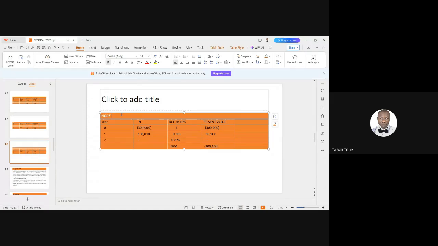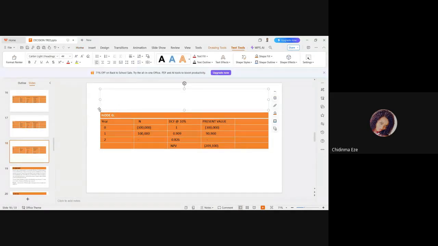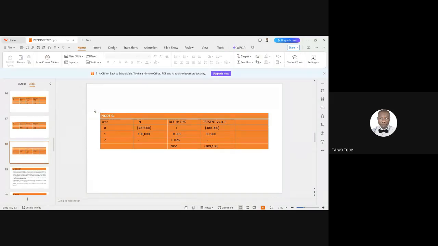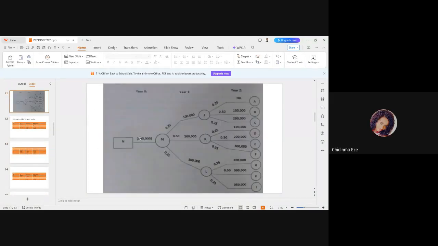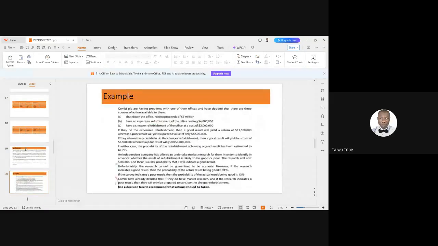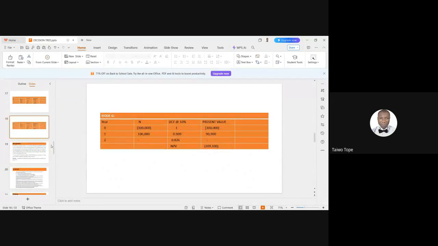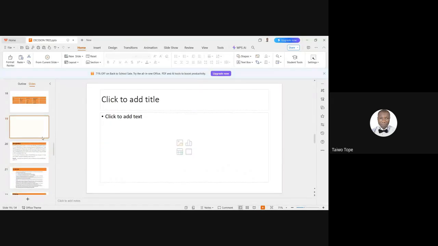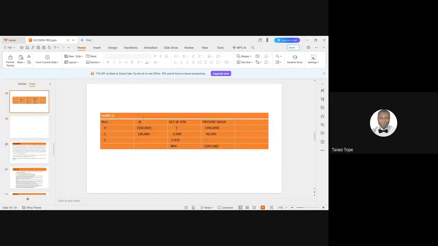And this node G, let's go and see what is there. Node G. 200 inflow in year 1 and 200 in year 2. Okay, fine. If you follow what you have in your book, your diagram, you can be faster than I am now.